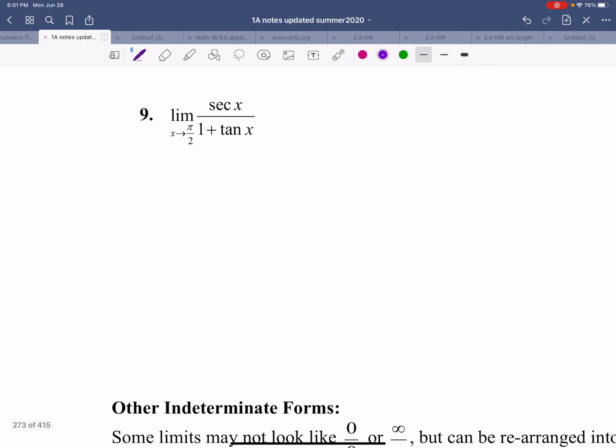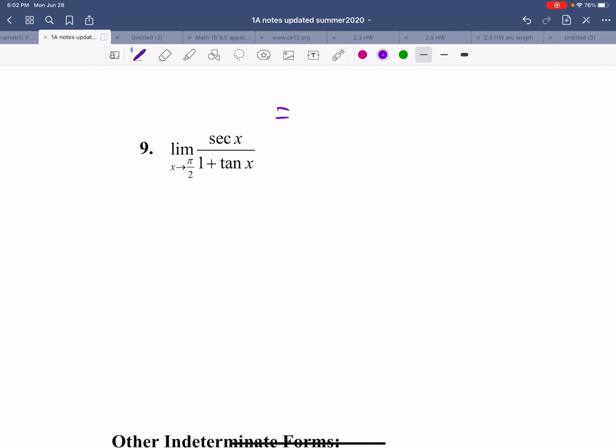Number 9, limit x approaches pi over 2 of secant x over 1 plus tangent x. Always make sure you are in the radian mode if you're using your calculator. Secant of pi over 2 will be 1 over cosine pi over 2. Cosine pi over 2 is 0. 1 over 0 is very, very large.